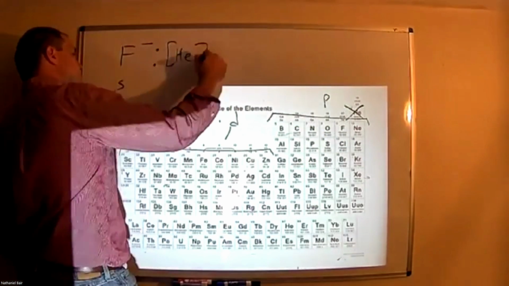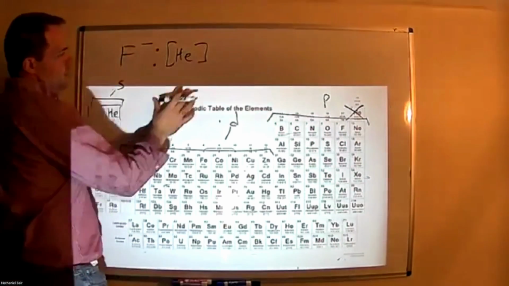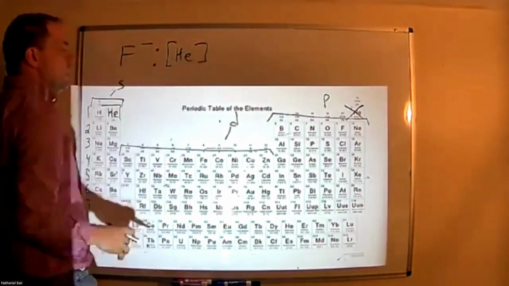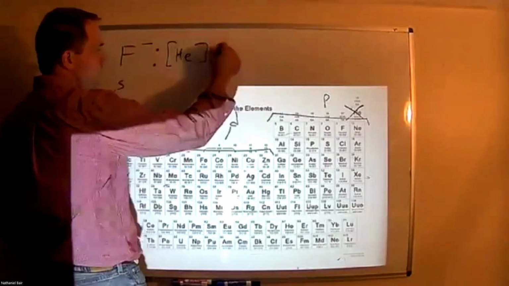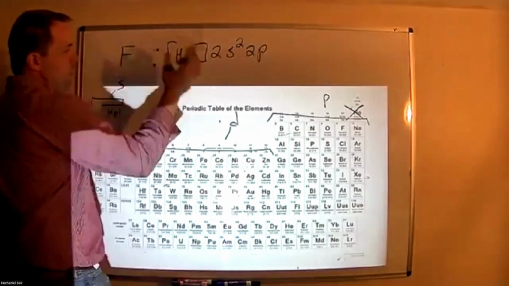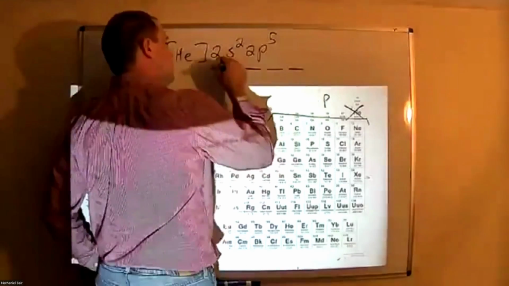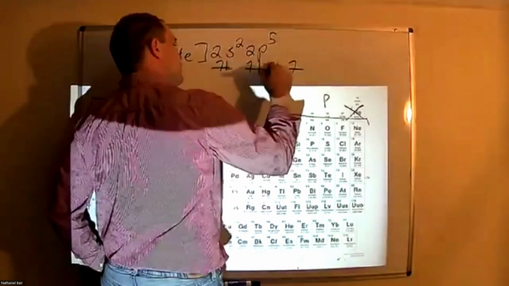Now, yes, you can still use helium. It is a noble gas. Even though we moved it over here, you can still put helium in brackets. And then it would be a 2s2. Neutral fluorine, no charge, would be a 2p5.